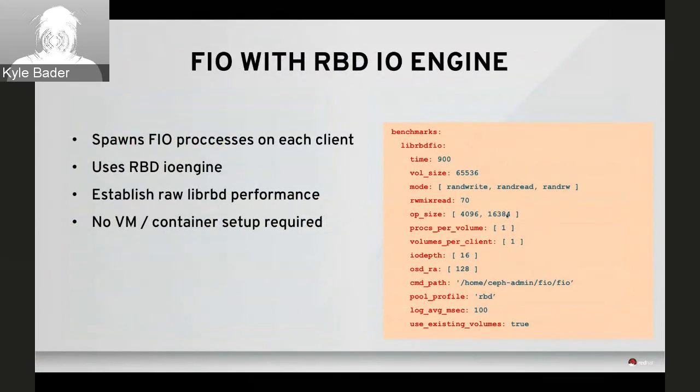And that way you're incrementally increasing the number of volumes, which is relatively equivalent to incrementing the number of clients, as long as you're not hitting a resource bottleneck on your client machines.